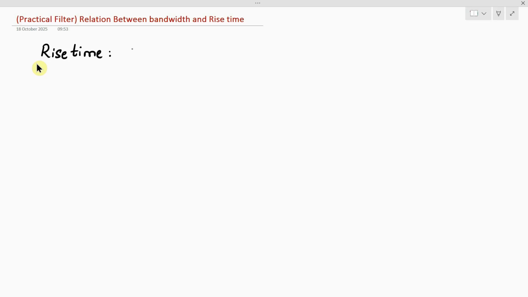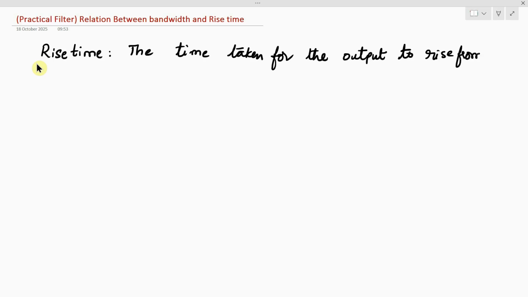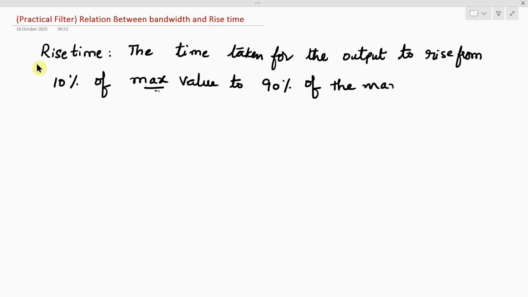So it is the time taken for the output to rise from how much percentage? 10% to 90%. 10% of the maximum value to 90% of the maximum value of the output.